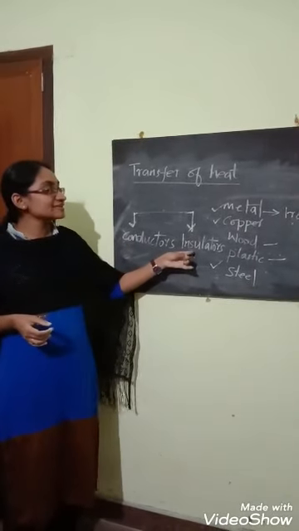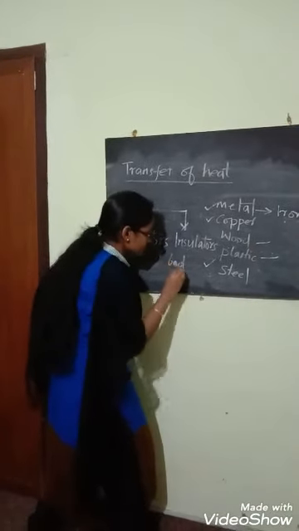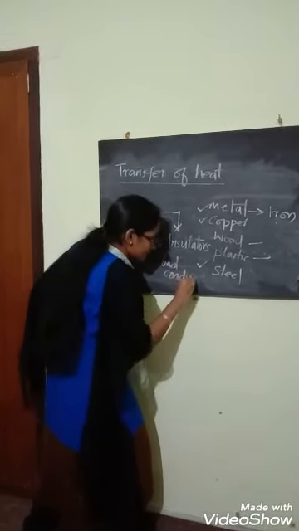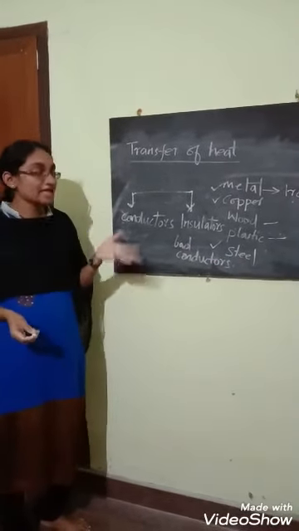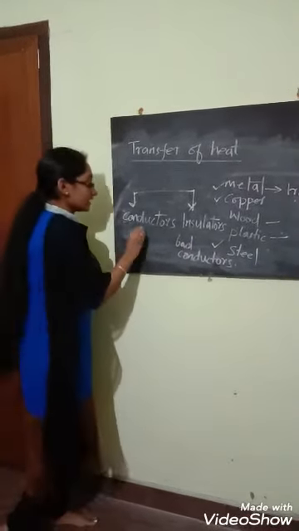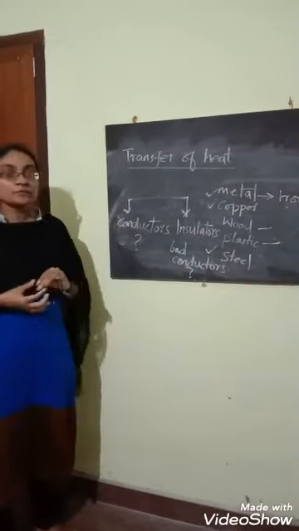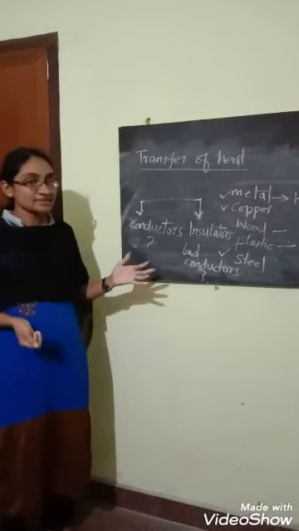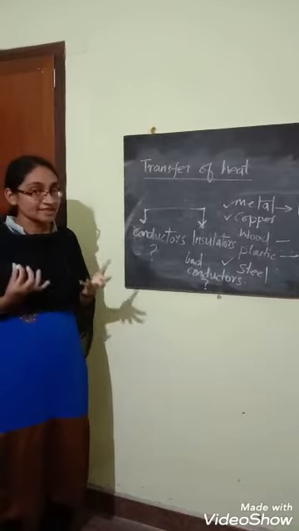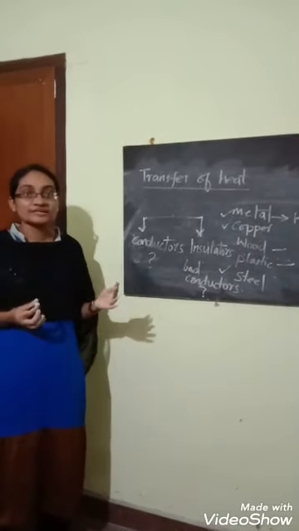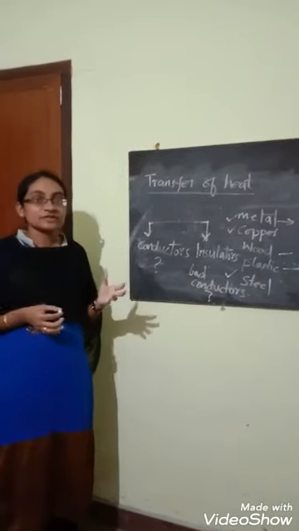We can call insulators bad conductors. Now please read your textbook and find the answer. In the next class we will discuss how heat is transferred in water and air. It's enough for today. Please complete your notebook.